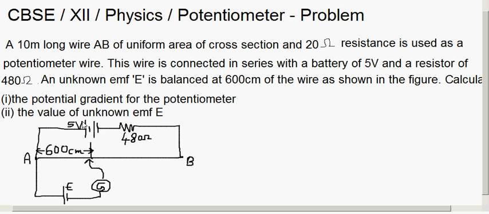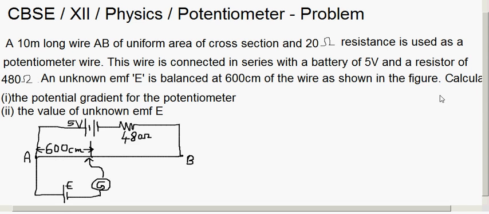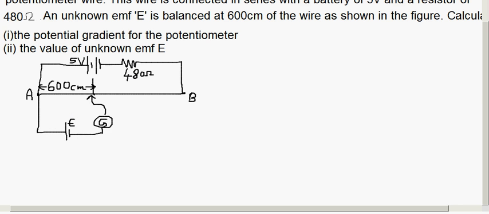Now first is to calculate the potential gradient for the potentiometer. First we will write the given quantities. So let me draw here one line.